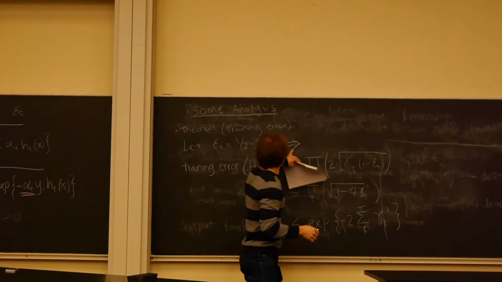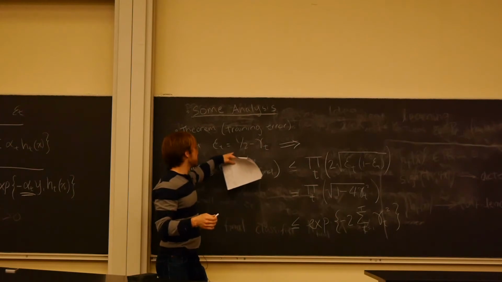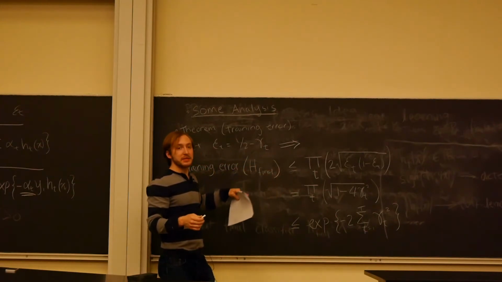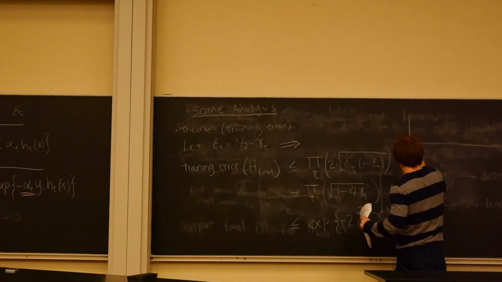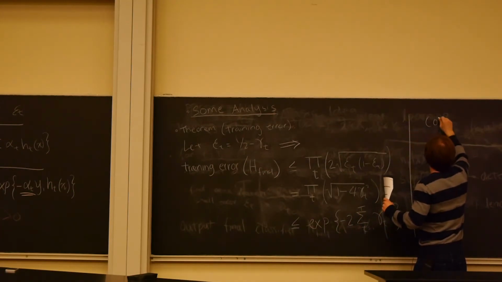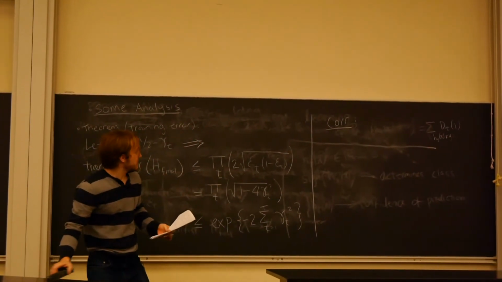We're assuming that for each of the capital T weak learners, we could have a different error epsilon sub t and therefore a different gamma sub t term here. But there's a corollary of this, which I'll write up here. Did I erase some of these things?